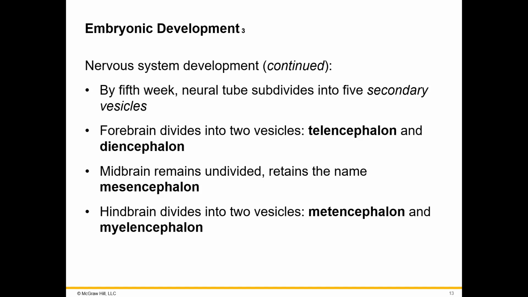So the nervous system development continued. We have the forebrain eventually dividing into vesicles known as the telencephalon and the diencephalon, while the midbrain would remain undivided and retains the name mesencephalon, while the hindbrain divides into two vesicles known as the metencephalon and the myelencephalon.